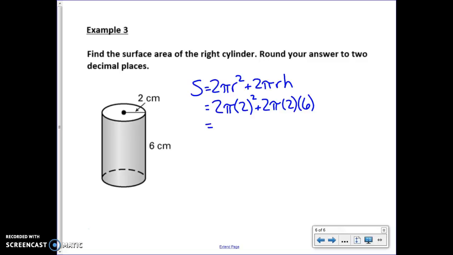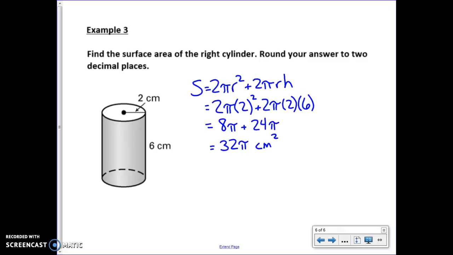Now, I'm going to leave pi alone for just a moment. So I have 2 squared times 2. So 2 squared is 4 times 2, that's 8 pi. Plus 2 times 2 times 6. So that's 24 pi. If this had asked for an exact answer, it would be 32 pi centimeters squared.